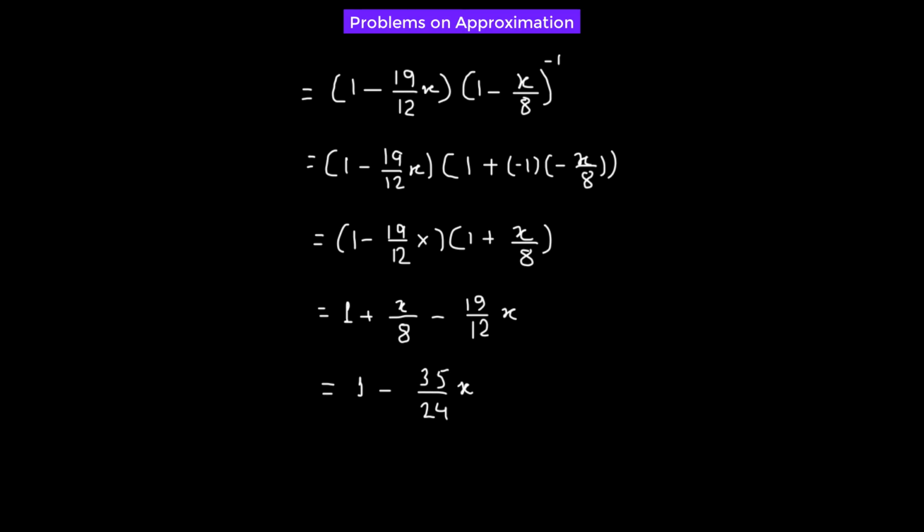Now it's given in the question that this value is equal to a plus b times x. So when you compare both sides, we'll get a is equal to 1 and b is equal to negative 35 over 24. Let's go to the next question.